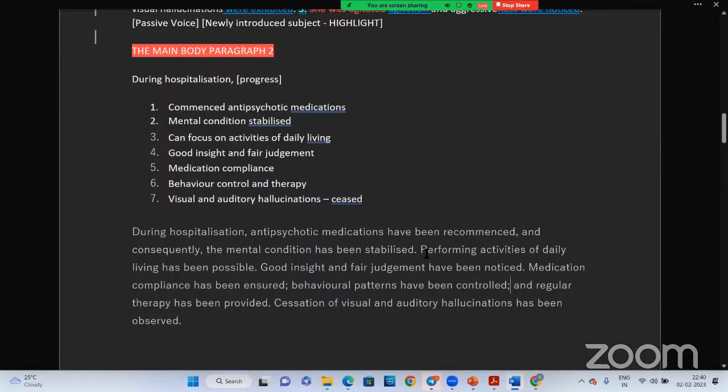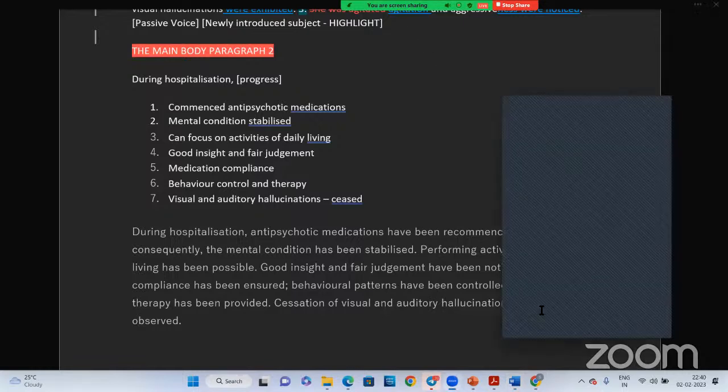Now here you can see very clearly there is no he, no she, no it, nothing. This is called quintessential quality. Now, what is quintessence?